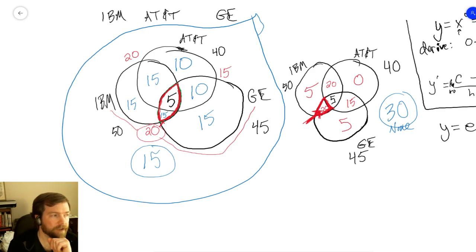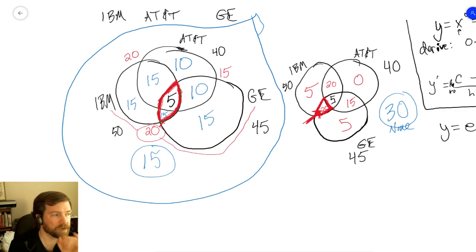If, on the other hand, you think that it should go the other way, in which case, and like I said, I think this is the way they're going with this. If, on the other hand, you're saying that the 20 who own both IBM and GE could also include the people who own all three, then what we have is this segment here, which is the entire intersection between the companies IBM and GE.